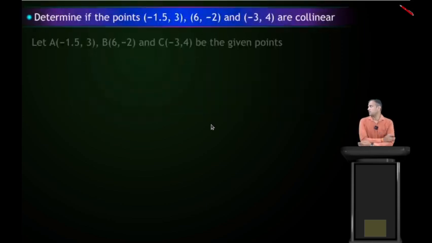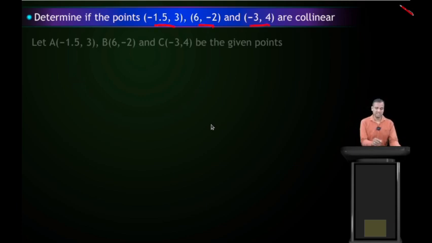Okay, now first question, determine if the points are collinear. So what do you have to do? Yes, very good. We just have to find the area of the triangle made by these 3 points.